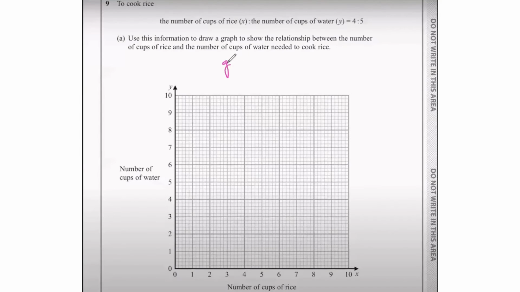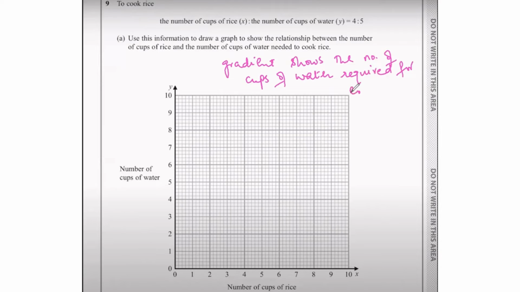So to explain what the gradient represents, gradient shows the number of cups of water required for every cup of rice. That's what the gradient represents.